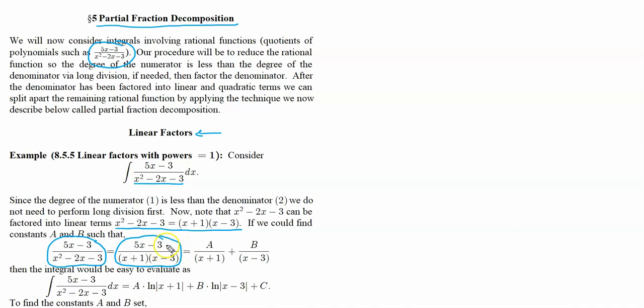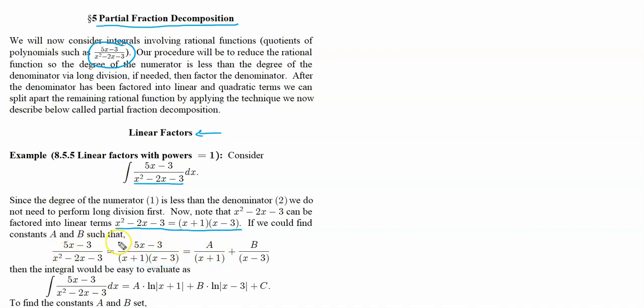if we could somehow take this rational function and write it as some constant divided by x plus 1 plus some other constant divided by x minus 3, then you see the integral of the right-hand side here would be very easy to evaluate, right?